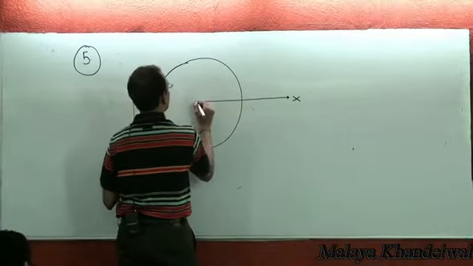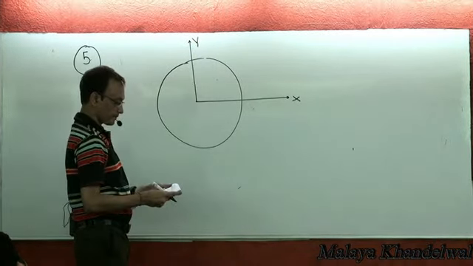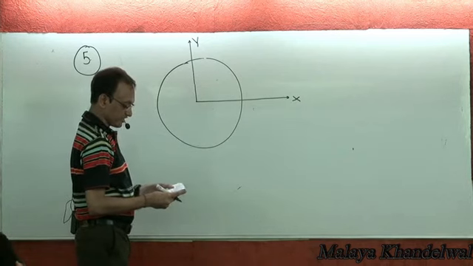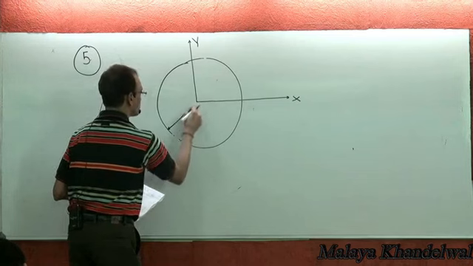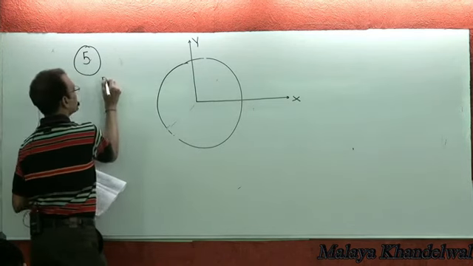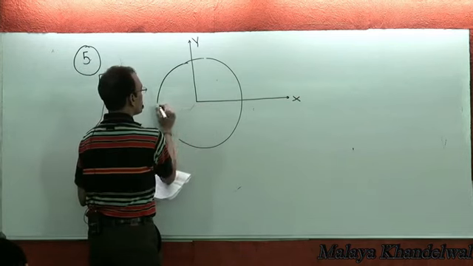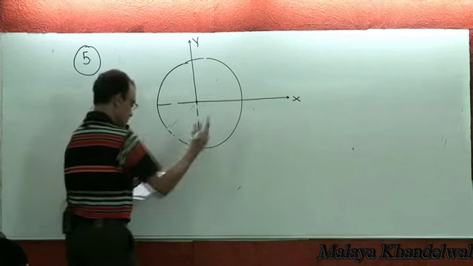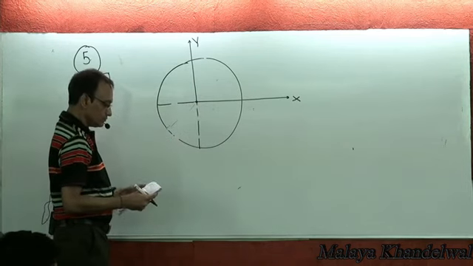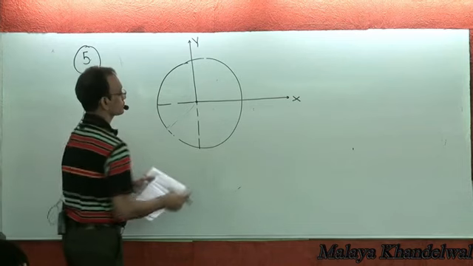In the XY plane, there is a circle of radius R, centered at this point O. This is the center of the circle, and there are two dipoles here.